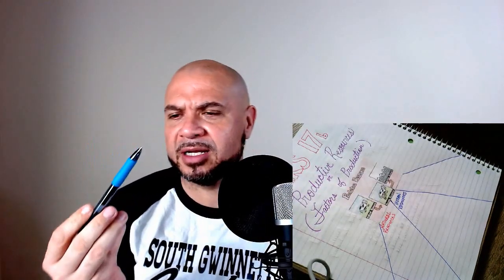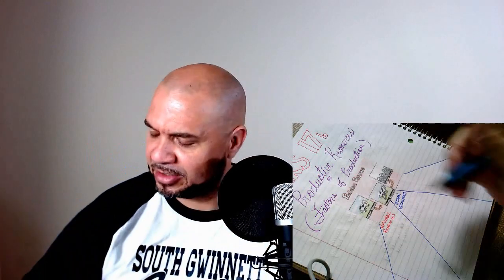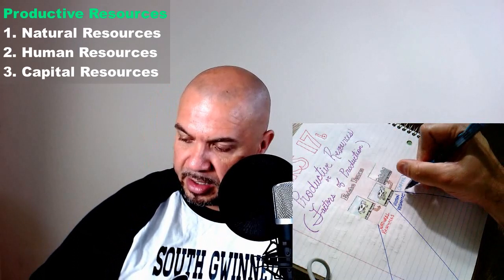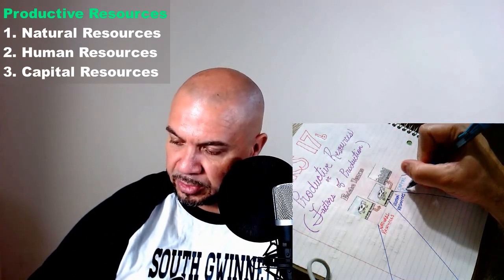And the final column, I'm going to use a different color. Whatever color this is, looks blue, but it's kind of like teal fuchsia. I don't know what color that is, but it's a different color, so I'm going to use it. So we got natural resources, human resources, and over here I'm going to write capital resources. So these are the three productive resources.